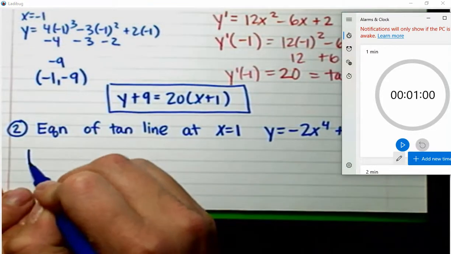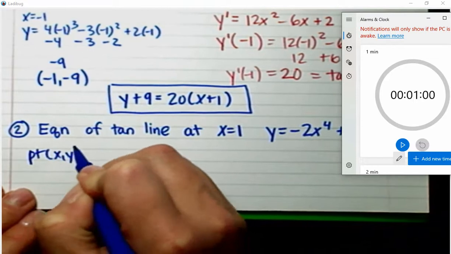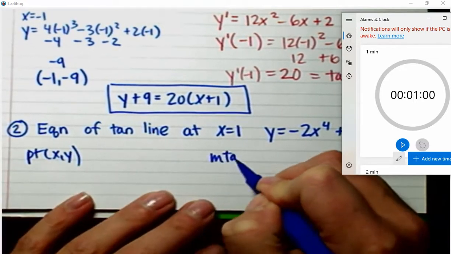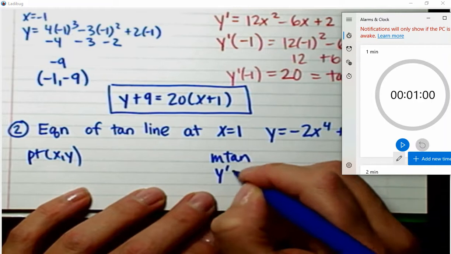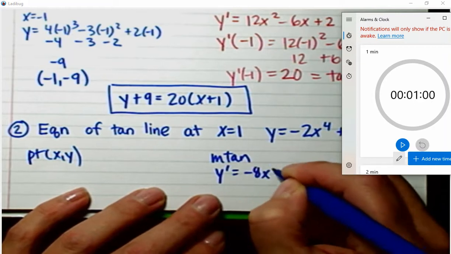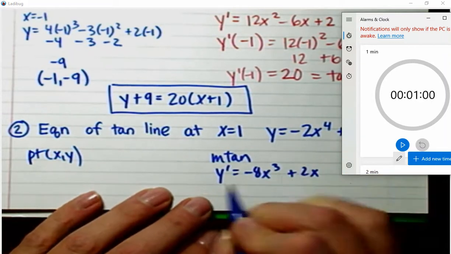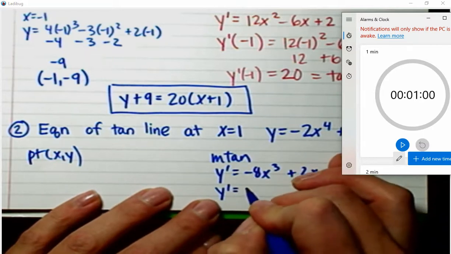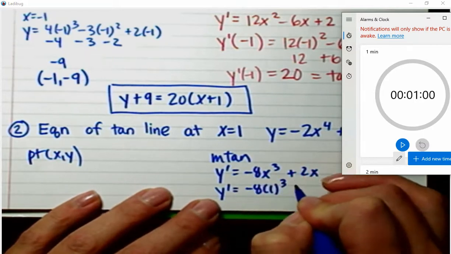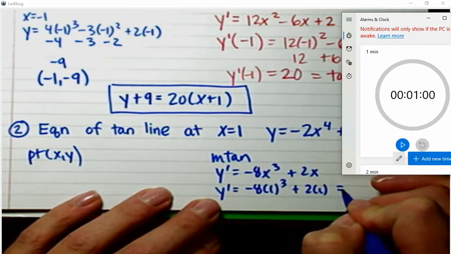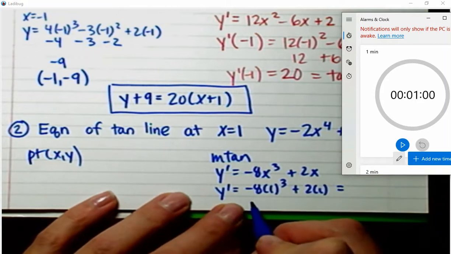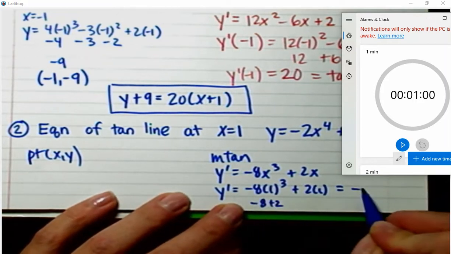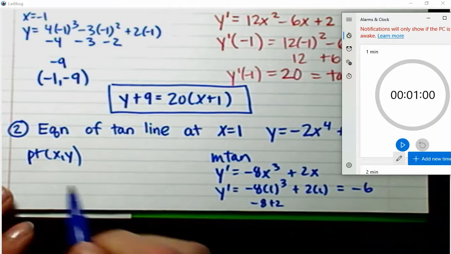So we have a point, and we have a tangent slope. So this has to be the y prime plus 2x. And then I have to plug in the 1, okay? So that gives me -8 plus 2. So negative 6 is the tangent slope.